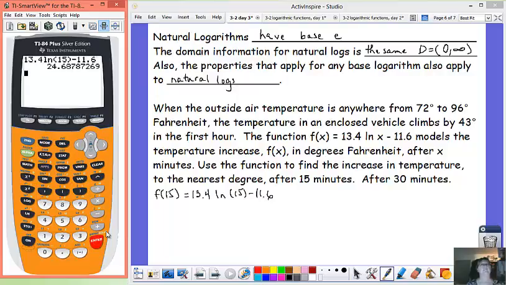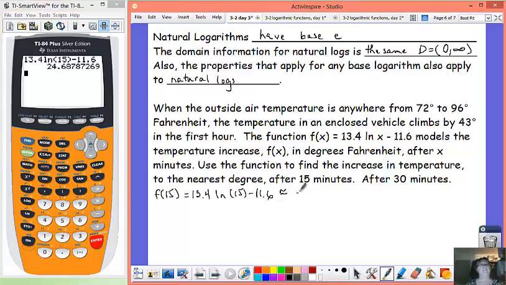And according to the calculator, after 15 minutes, that temperature has gone up about 24.7 degrees. That's quite an increase after 15 minutes.